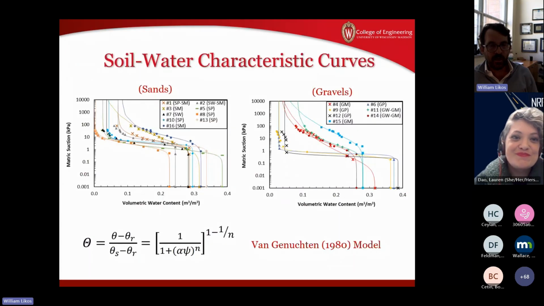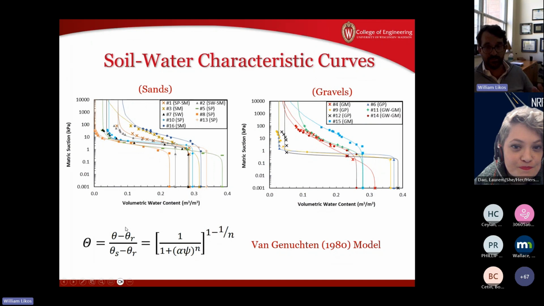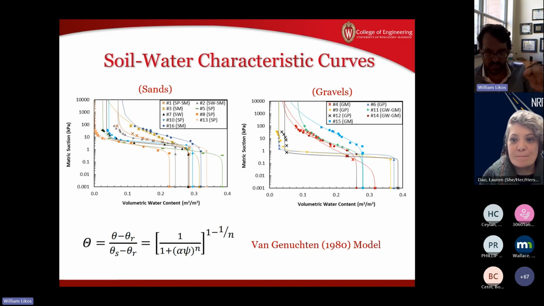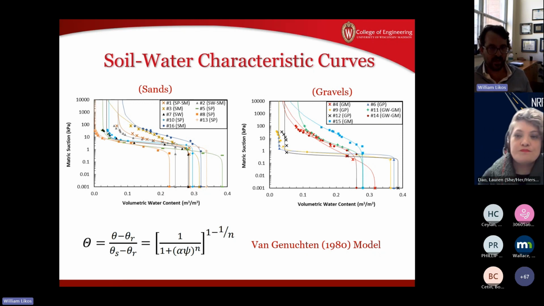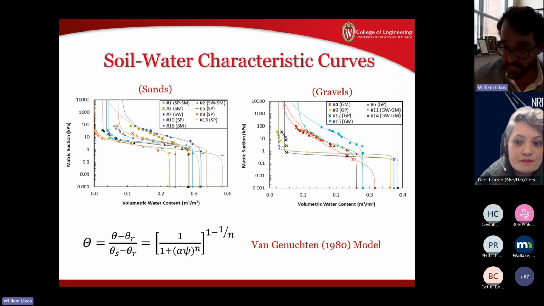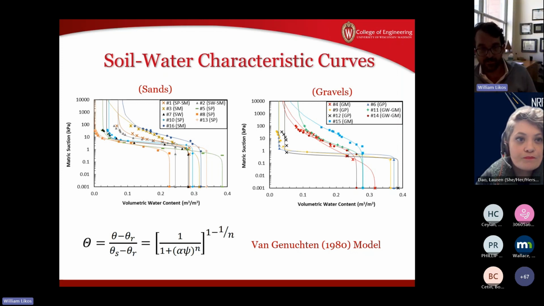Yeah, the Van Genuchten model, which is the equation down there on the bottom, is simply a curve fitting model. We optimize those parameters. We use a spreadsheet to select alpha and N to best fit the experimental data. So it is entirely a curve fitting model. It's not theoretically based. There are relations between these parameters.